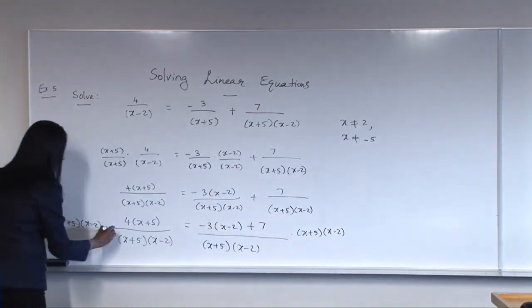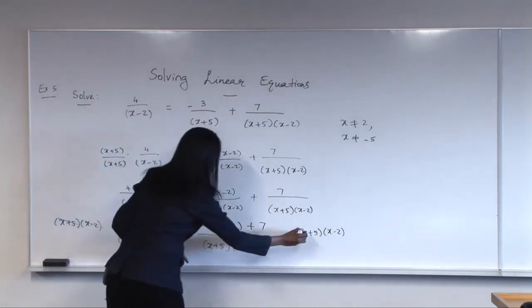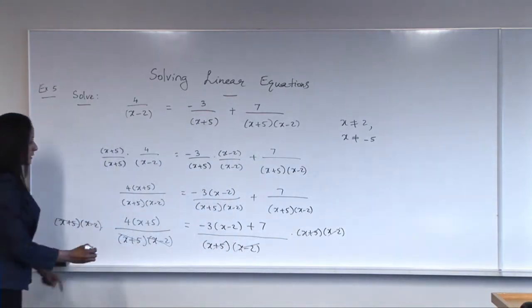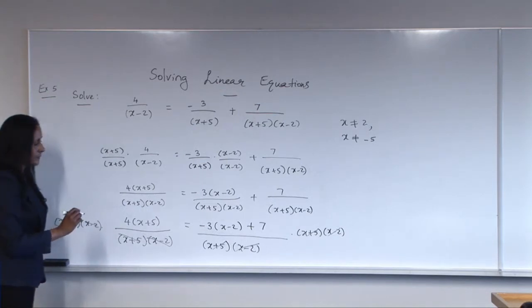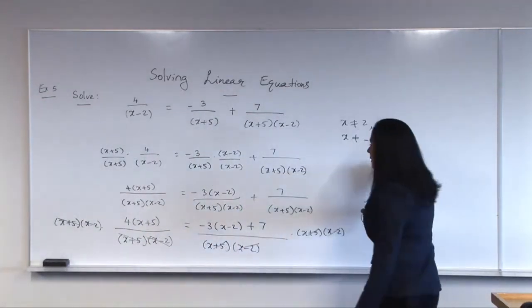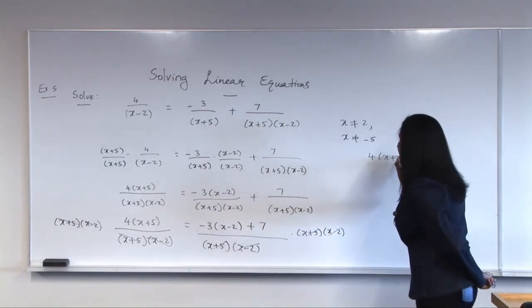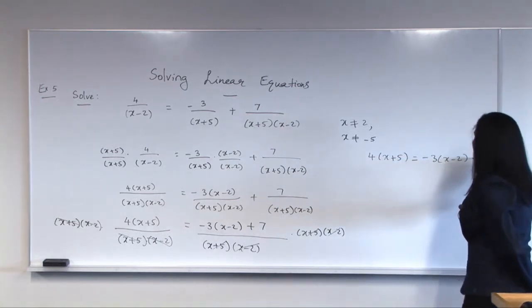And we can cancel x plus 5 and x minus 2, x plus 5 times x minus 2. Only when it is a product can we cancel the terms. That one also you have to remember. Okay, so here we have now 4 times x plus 5 is equal to negative 3 times x minus 2 plus 7.